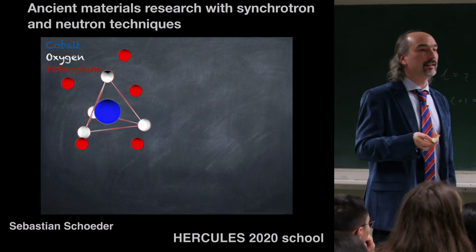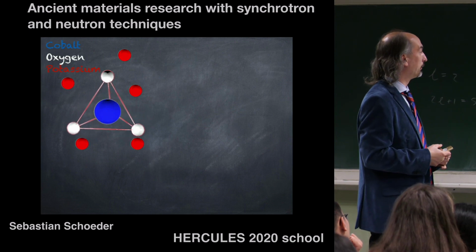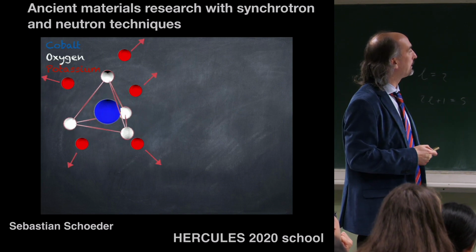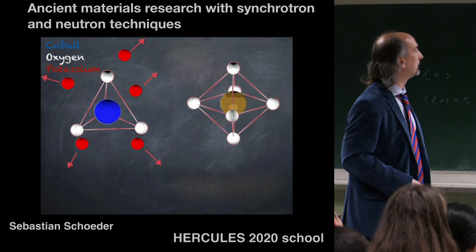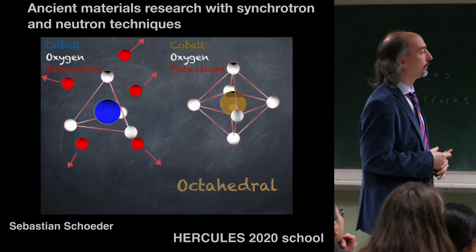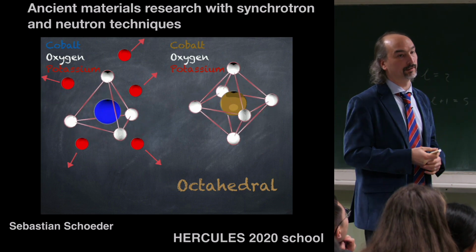And what's happening now is that the binding medium that has been used to put the glass on the painting is actually leaching out these ions over time and leading to an instability of this configuration, and it's decaying into an octahedral configuration in which the cobalt has this brownish grayish color.